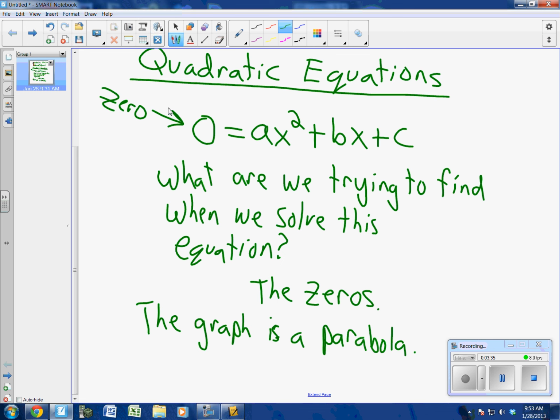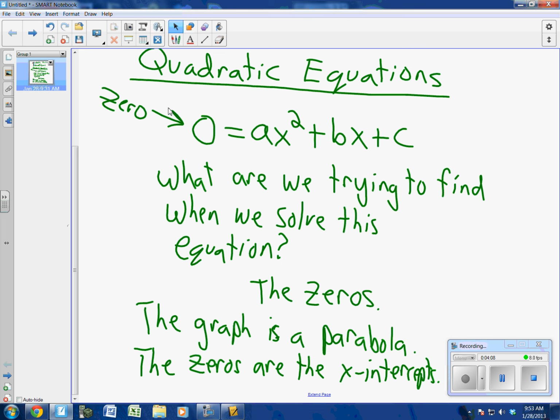The x. There you go. The x-intercepts. Okay. So we are looking for the zeros. Everybody write this down. The zeros are the x-intercepts. Okay, that's what they are.